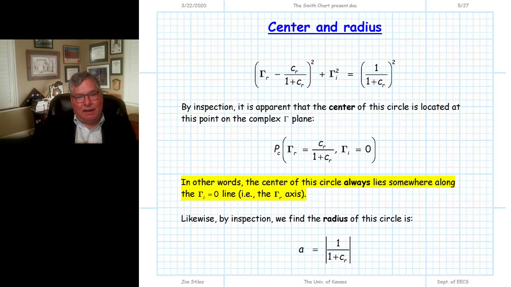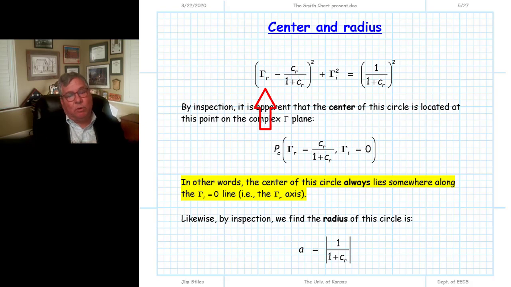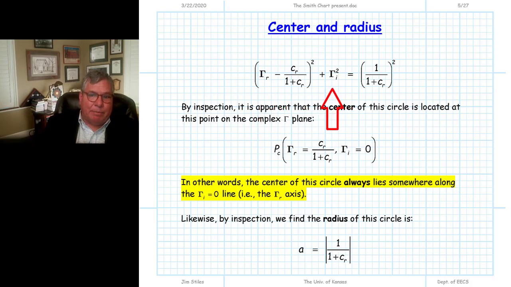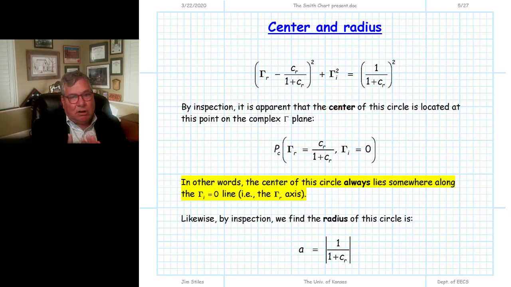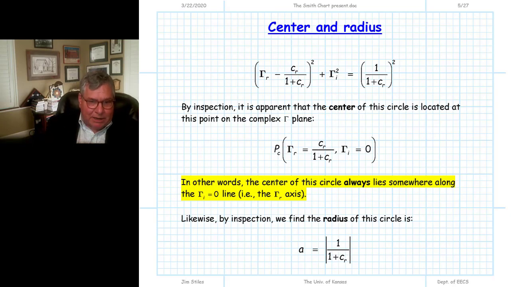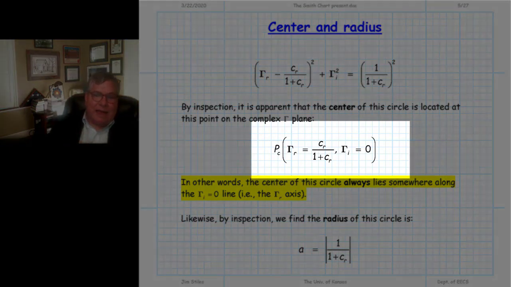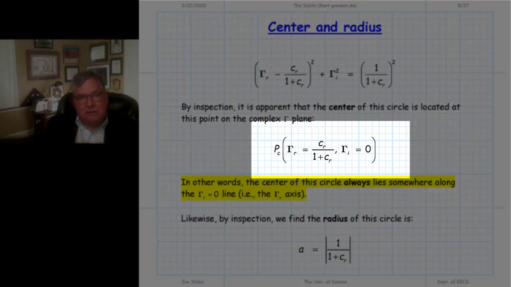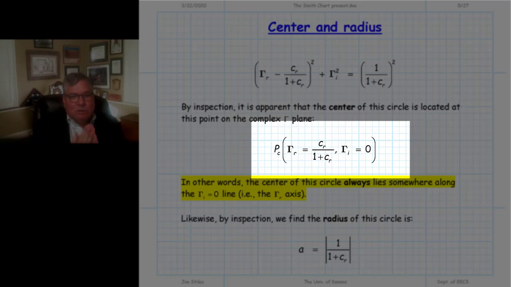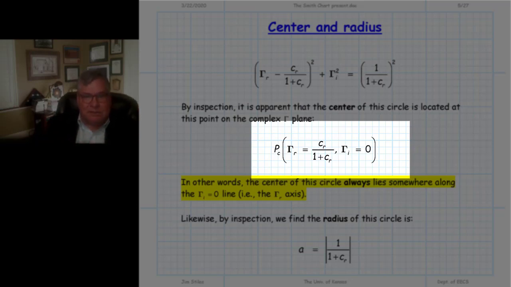Of course, in this case, the Cartesian variable x is the real part of gamma, gamma r, and the Cartesian variable y is the imaginary part of gamma, gamma I. And from that, we can discern that this equation, in fact, describes a circle on the complex gamma plane, a circle whose center is located at a value of gamma r, again, think of it as Cartesian x, equal to CR over 1 plus CR.